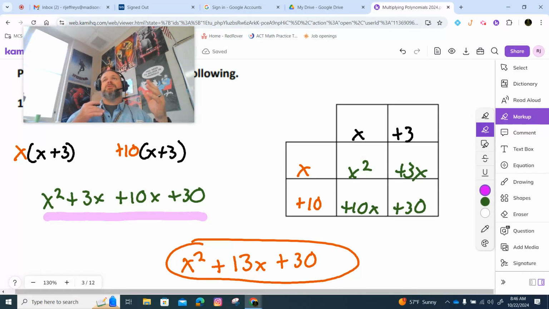Like, hey, Mr. Jeffries, can you go back and work out this one with the box method? Hey, Mr. Jeffries, can you go back and work this one with the double distributive method? Okay, that kind of thing. All right. How many of y'all like the double distributive method? How many of y'all are box method people? How many of y'all have not made a decision? Okay.